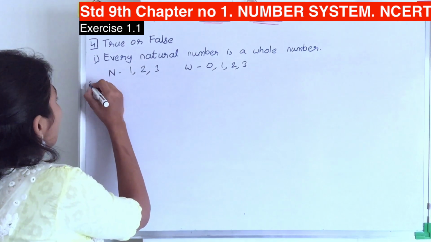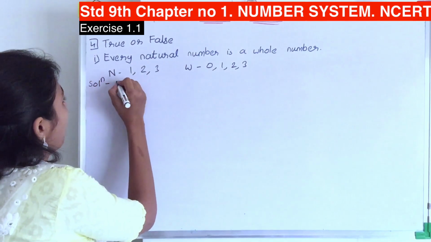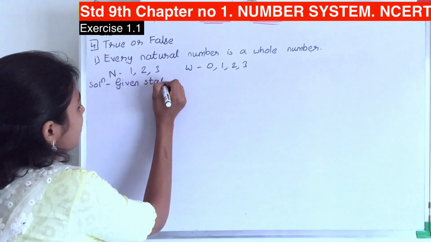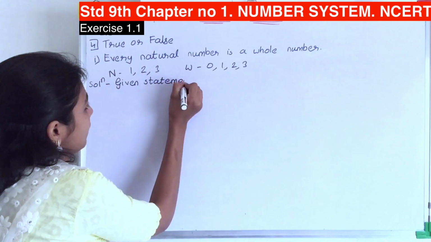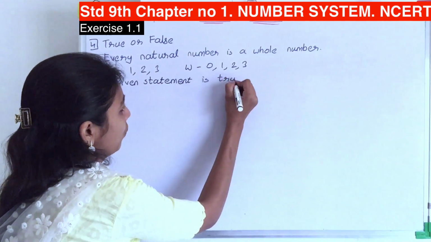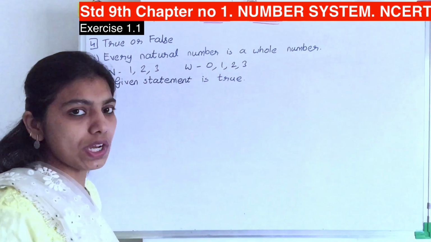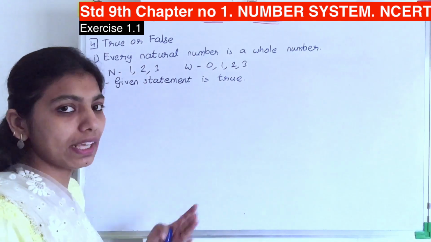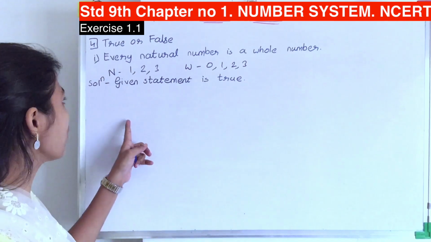So how are you supposed to write the answer? Given statement is true. They have told you in the question, please give a justification why this statement is true or why this statement is false. So what you are supposed to write?